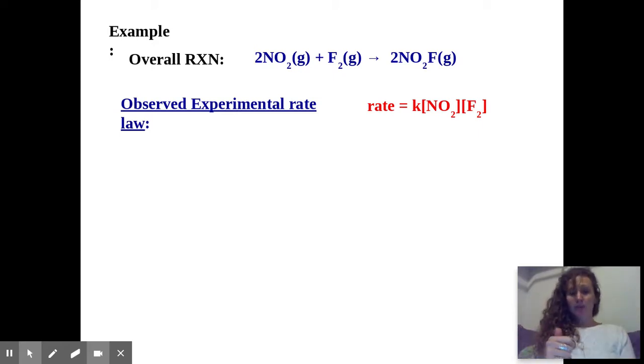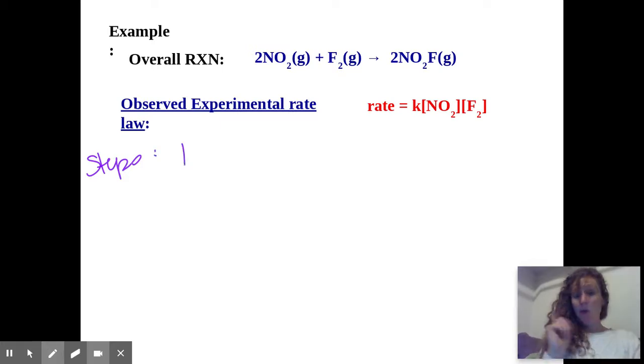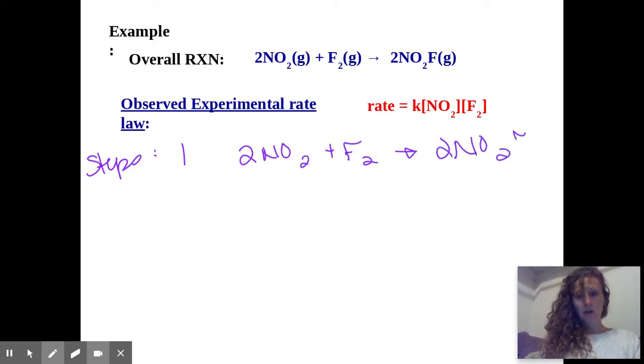So, for example, could this be a one-step reaction? If it was a one-step reaction, our steps in the mechanism, we would only have one of them. Step one would be 2NO2 plus F2 goes to 2NO2F, right?